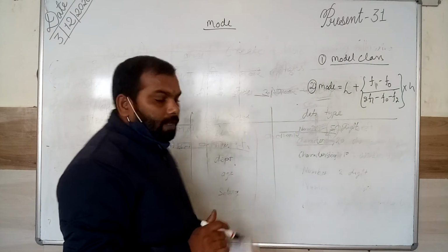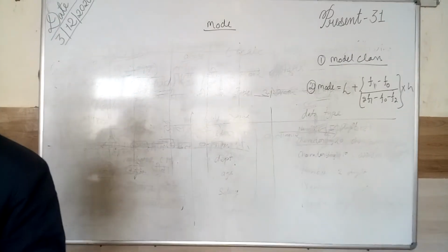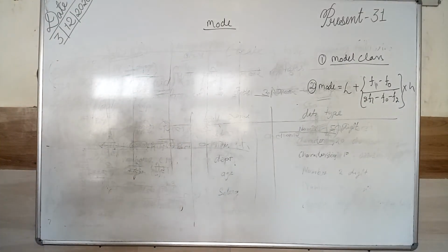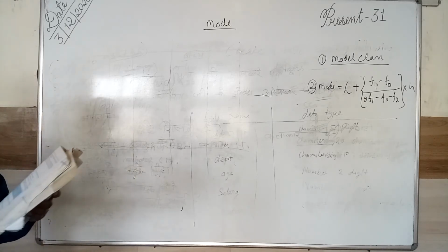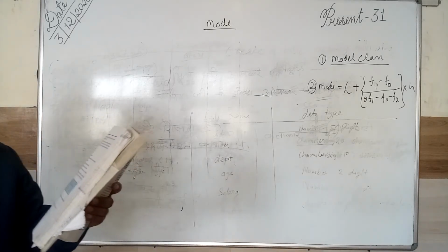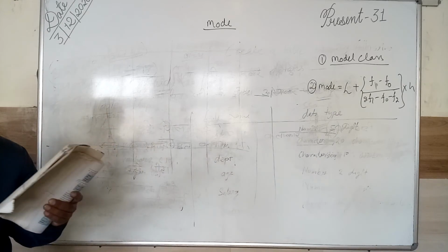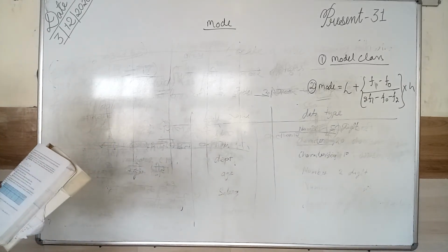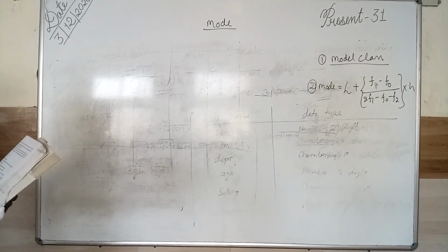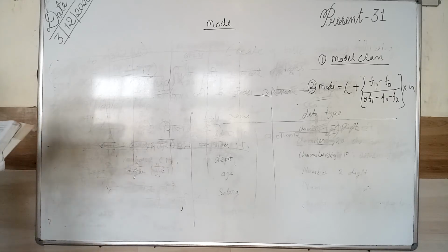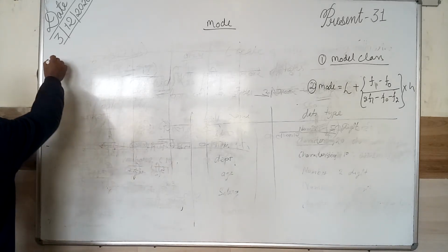Okay, let me discuss it with an example. See example number 5. A survey conducted on 20 households in a locality by a group of students resulted in the following frequency table for the number of family members in a household.